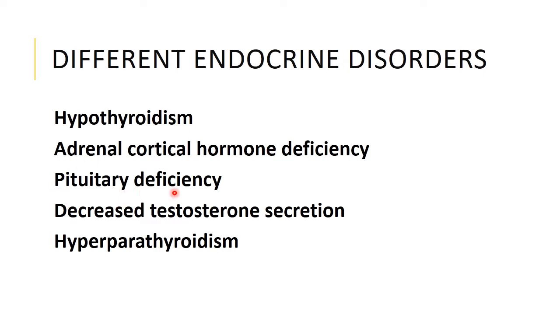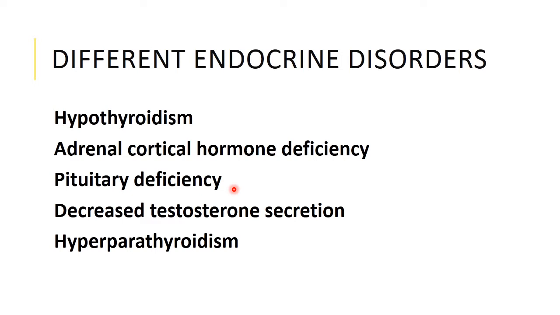And pituitary deficiencies, that means the pituitary gland gives rise to other types of hormones and stimulating factors, which act on other glands so that they are able to give out their respective hormones.